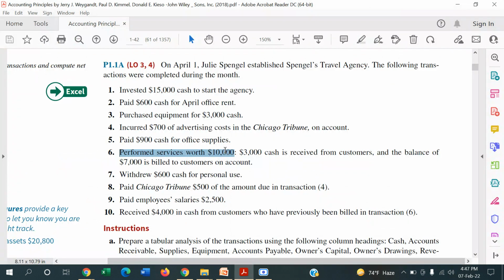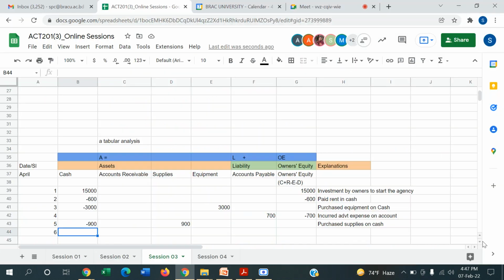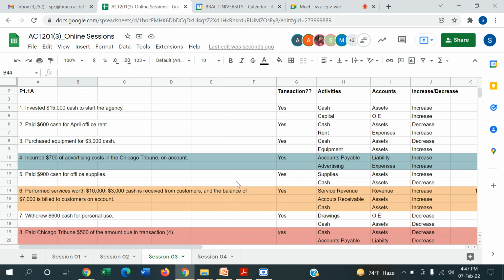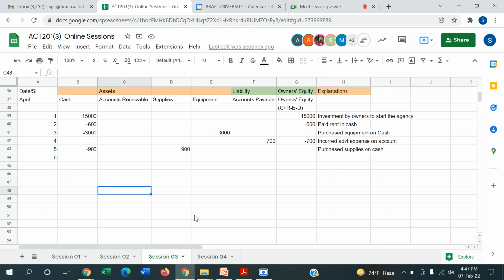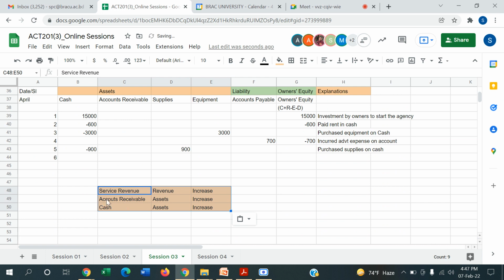Perform service of 10,000: 3,000 received in cash, 7,000 on account. We already analyzed this. Three accounts were affected here: service revenue, accounts receivable, and cash.